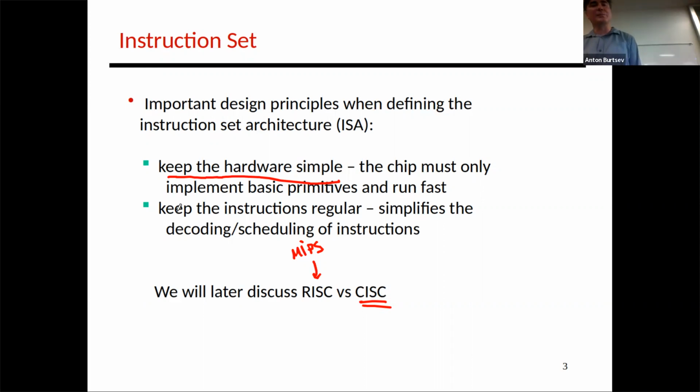And a second one. The book likes to call those principles, but I would call them sane design choices. What they say is we want to keep instructions regular, meaning that you will see, roughly speaking, 3 or 4 groups of instructions and 3 or 4 groups of encodings.